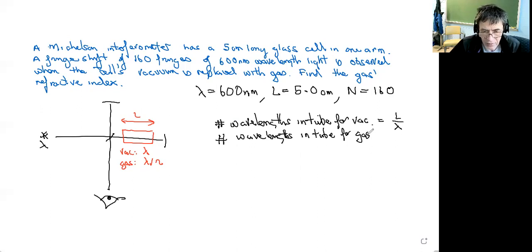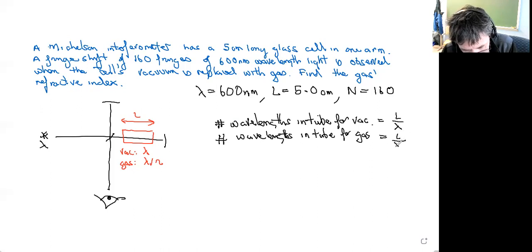And the wavelength of light in the gas, as we noted over here on the sketch, is shorter than the wavelength of light in vacuum by this factor that's the refractive index. So this number of wavelengths will be L divided by lambda, which is divided by n.